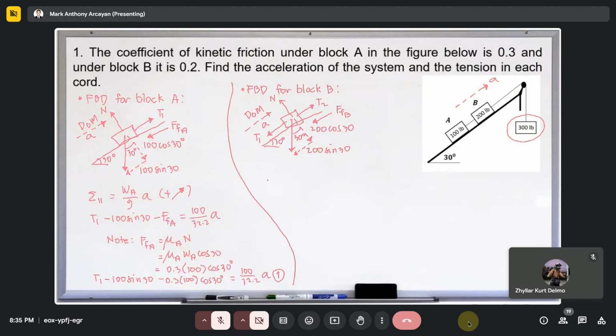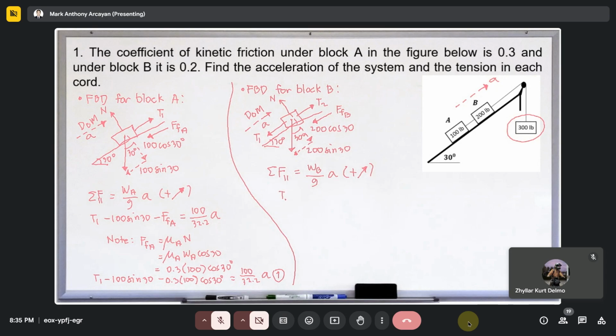We perform summation of forces again parallel to the inclined plane, which equals the mass of block B times the acceleration. Positive if the forces act upward, up the inclined plane.